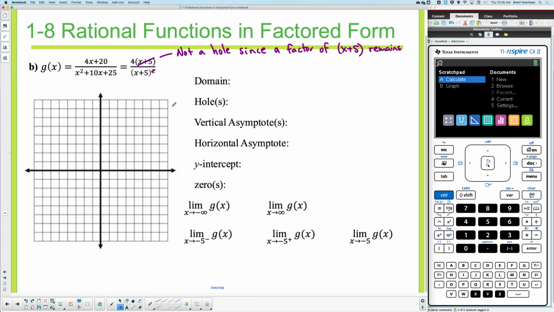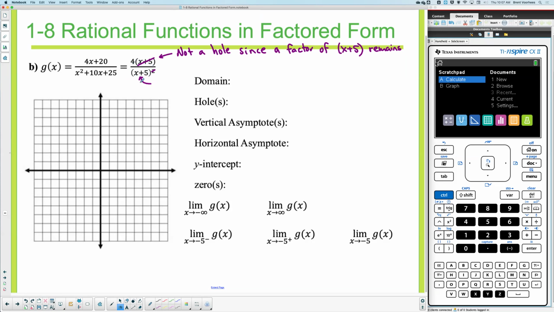So even though it canceled, that one's not a hole this time, because you're going to call it something else. If it still remains, by the way, that's why they called it removable on the previous slide. I don't know if you remember, we had infinite discontinuity, jump discontinuity, and removable. The reason they call it removable is because you can remove it from the equation. This still remains. It's forever there. So what type of break is this one?